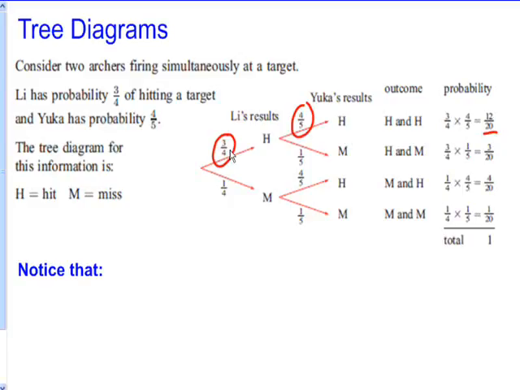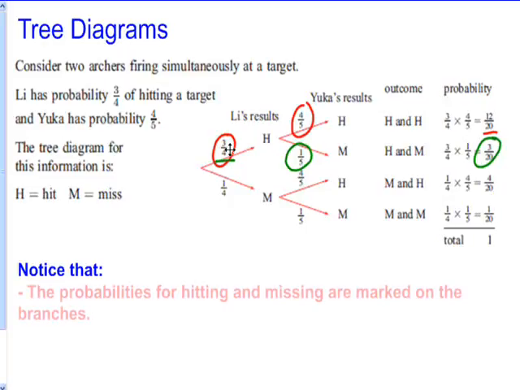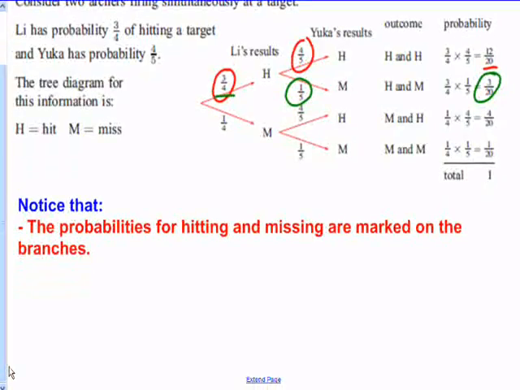Now, if I wanted to find out if the first one could hit and the second one would miss, I'd multiply the 3/4 by the 1/5, and I would get 3/20. So, knowing that, I can figure out the probability of the hits and misses on the branches of the tree by putting the probability there and just multiplying across.